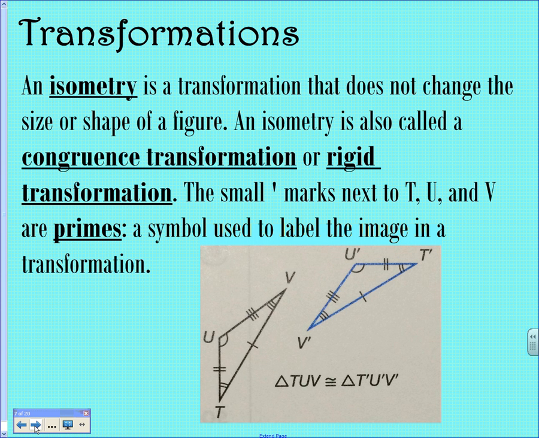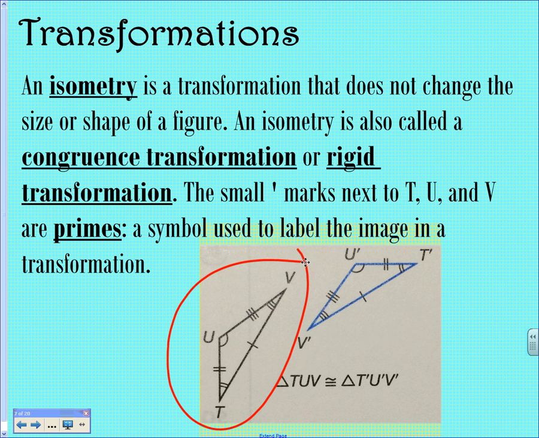So, do you see the small little tick mark right here? They're called a prime, and it is used to label your image. The pre-image is UTV.